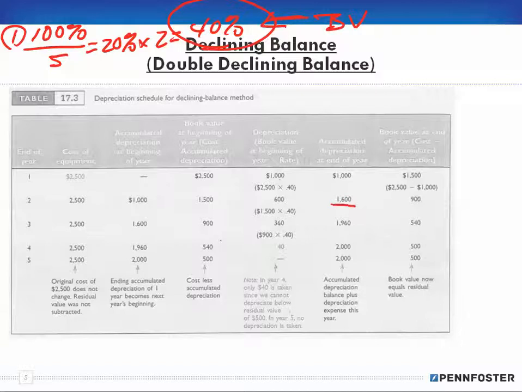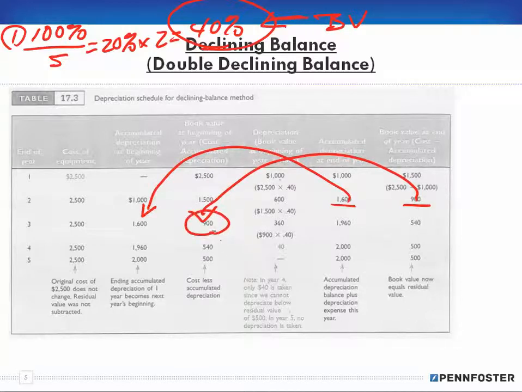Okay, so we have 1,600 and 900 at the end of year 2. They become our new balances for year 3. And since we have $900 as our new book value, again, multiply it by the rate of 40%, and that gives us $360 for the depreciation for this year.